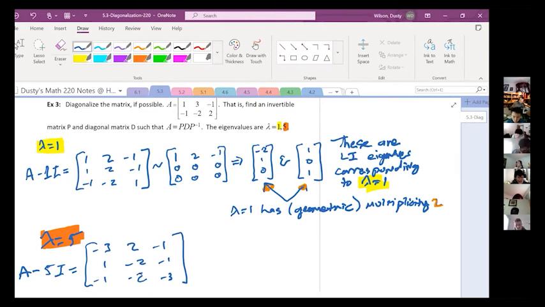And that row reduces to 1, 0, 1, 0, 1, 1, 0, 0, 0.